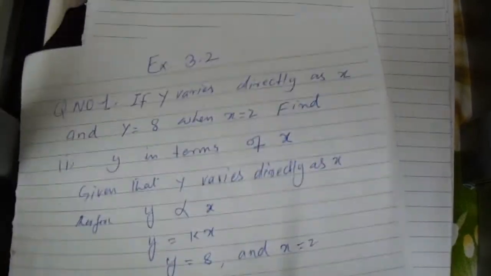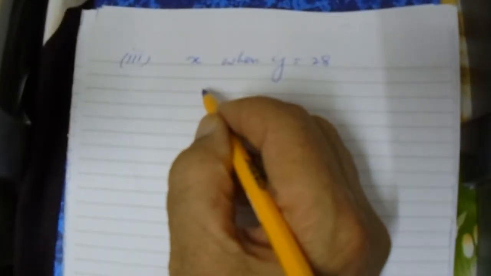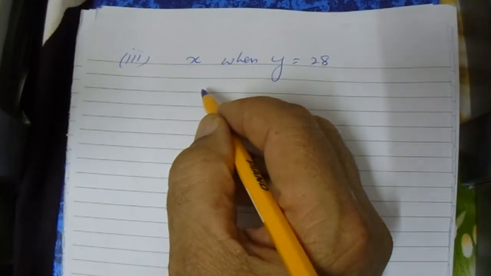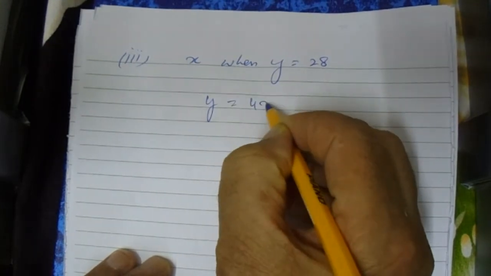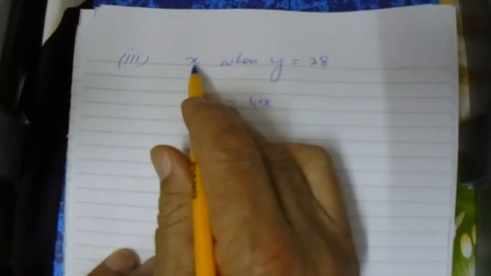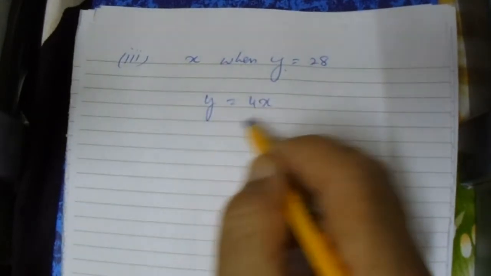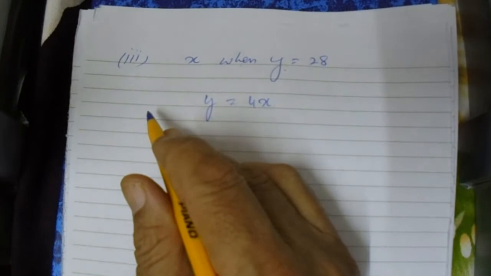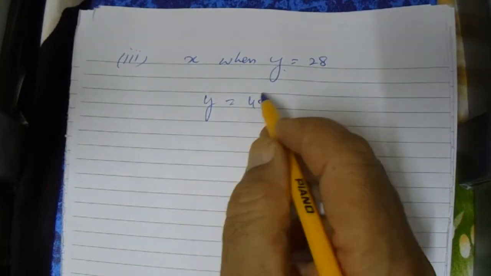Now the third part of this question. Find x. We write the y varies in terms of x: y is equal to 4x. Now we have to find x when y is equal to 28. This variation we have found in part number 1, and we use this variation in part 2 and part 3.